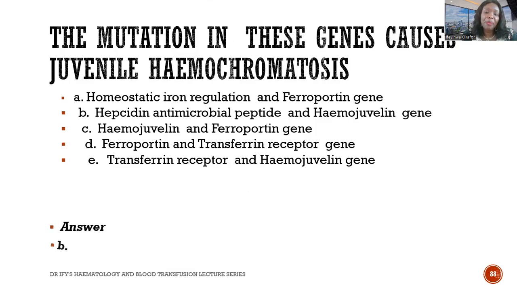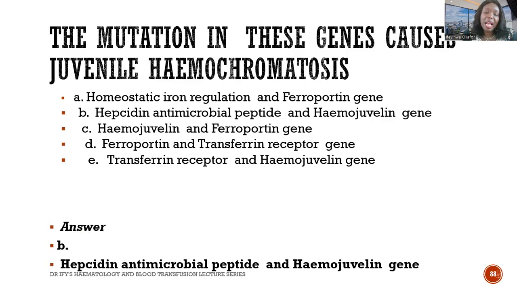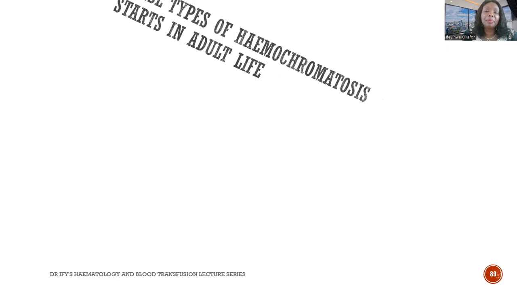Answer: B, hepcidin antimicrobial peptide and hemojuvelin gene. The mutation in hepcidin antimicrobial peptide and hemojuvelin gene gives rise to type 2 hemochromatosis, also known as juvenile hemochromatosis.